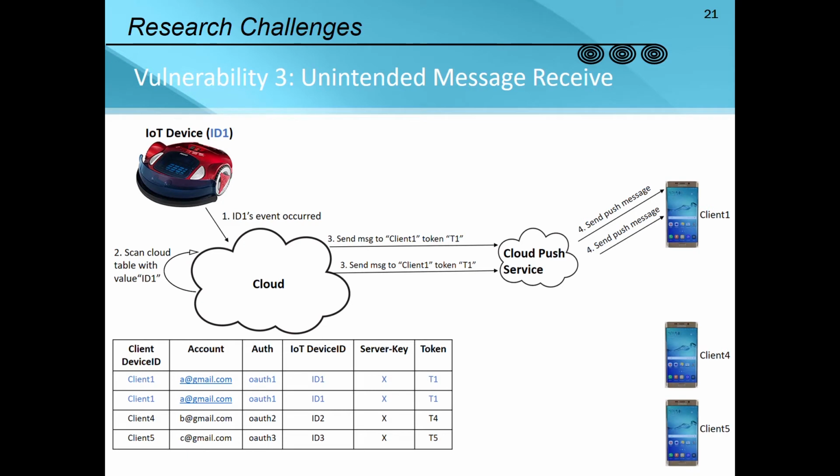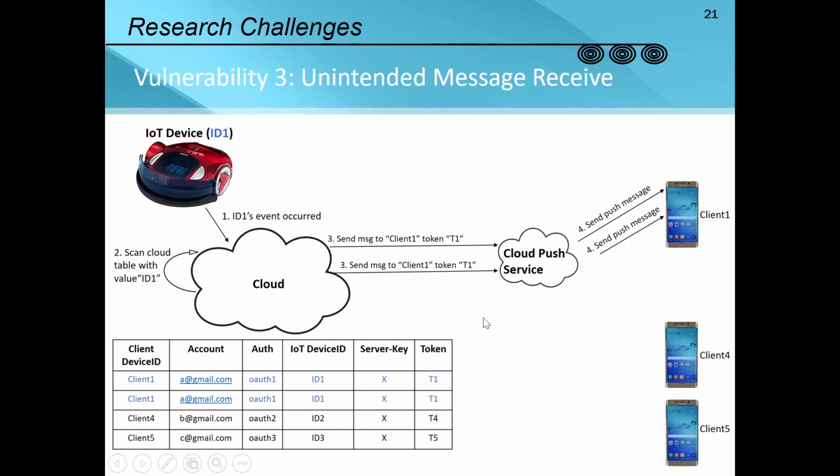Suppose ID1 generates an event, the cloud scans the cloud table with value ID1 and sends 2 event messages with token T1 to the cloud push service. Then the cloud push service sends 2 push notification messages to client 1, as token T1 is associated with the client device.